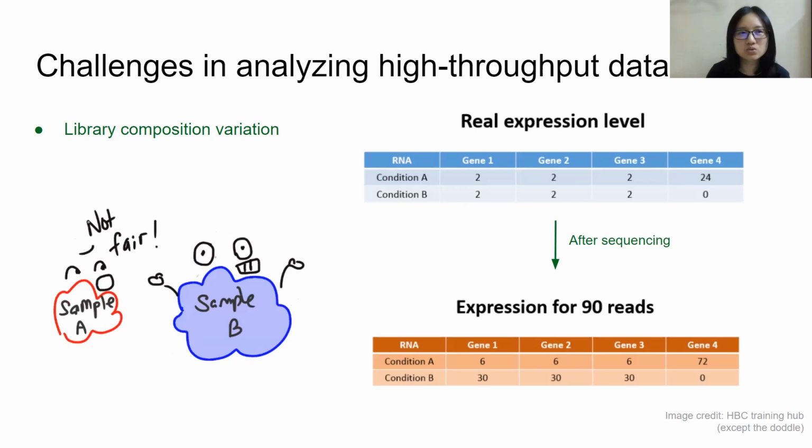That's why we need to do something to adjust the expression level so that the effect of this variation will be reduced. So what we normally do is convert the data into TPM or FPKM so that we can compare them, or we can use a statistical approach to identify the differences between two samples.